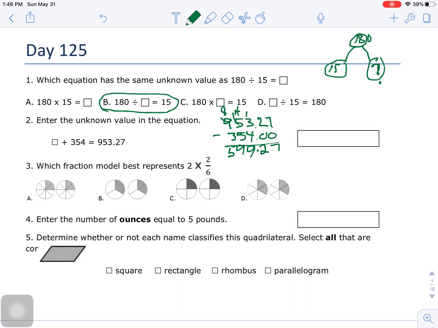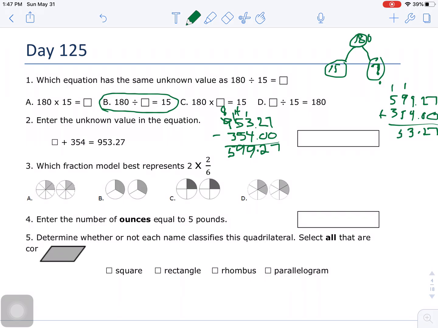So then we can check our answer by doing 599 and 27 hundredths plus 354. And why does that keep disappearing? I don't know. So that's 27. 9 and 4 is 3. 1, 9, and 5 is 15.